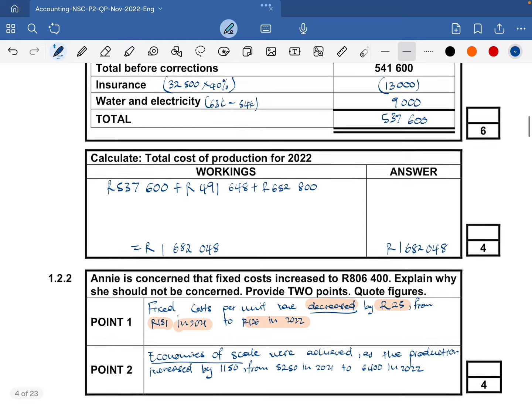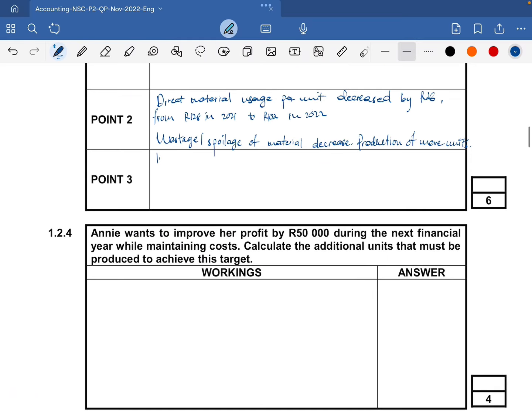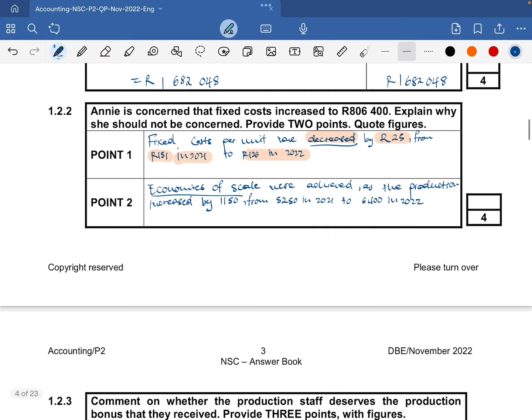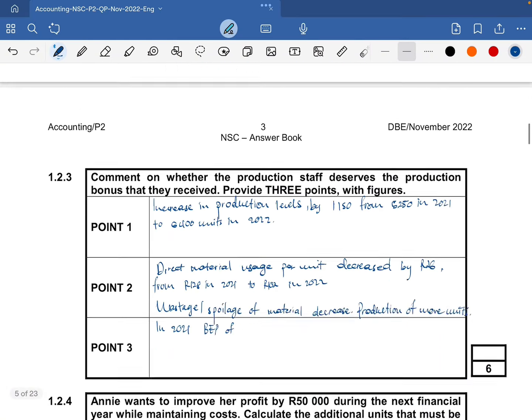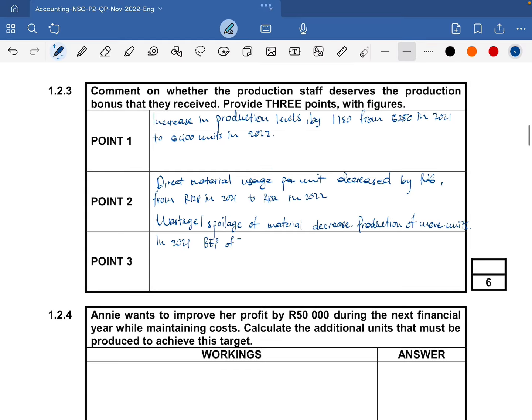Okay, so we are going to talk about the break-even point in 2021. Don't just say the break-even point, show what the break-even point was. It was 6954. So the break-even point of 6954 was greater than the units produced. How many units were produced? 5254.